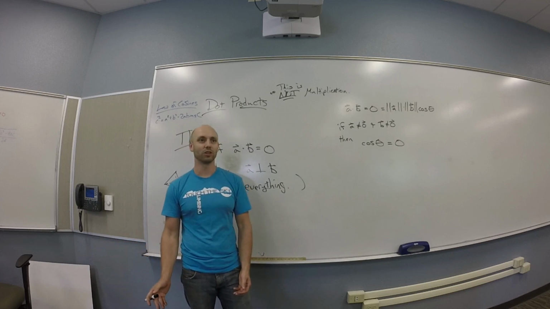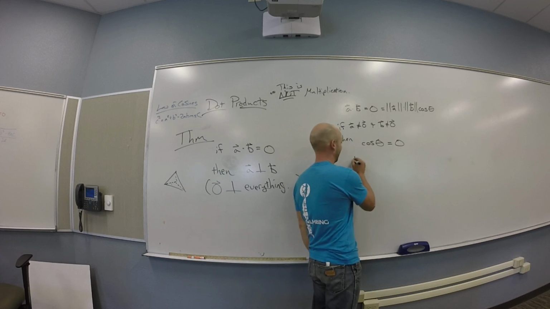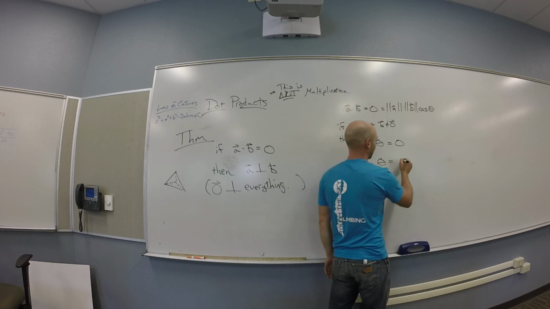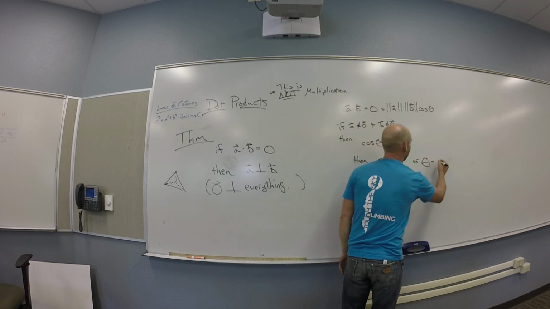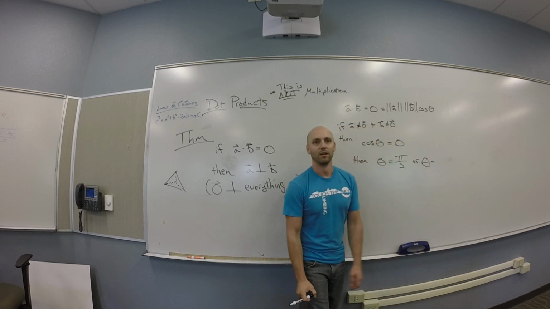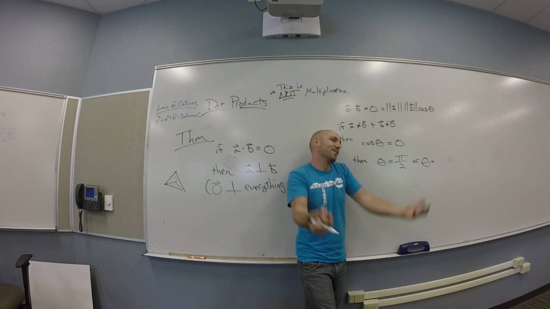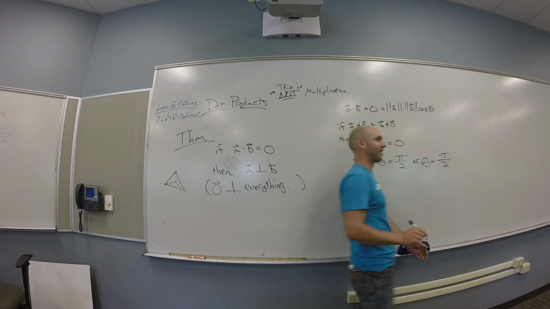Specifically, the two I'm going to be interested in here are: theta is pi over 2, or theta is, I don't know, it depends on how you measure, negative pi over 2. I'm going to throw that in here because that pleases my sense of aesthetics.